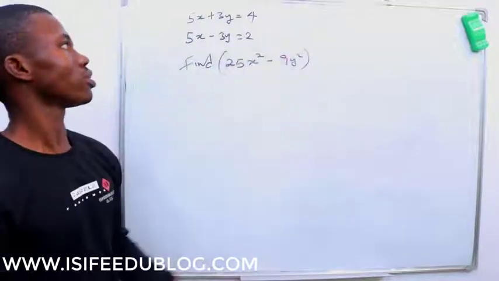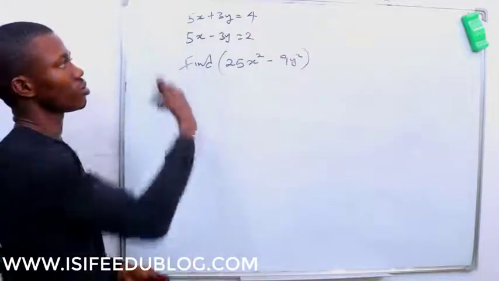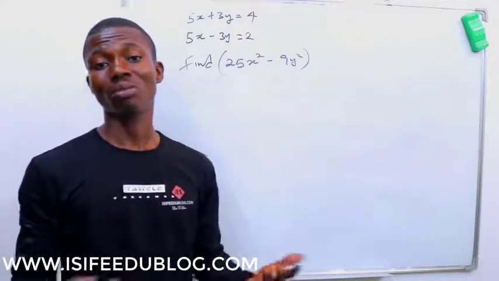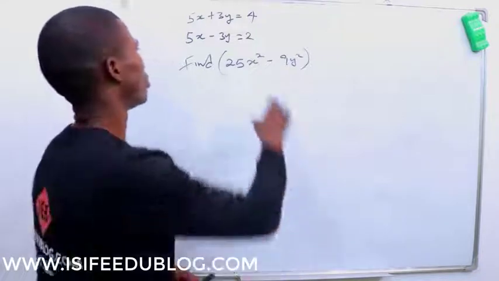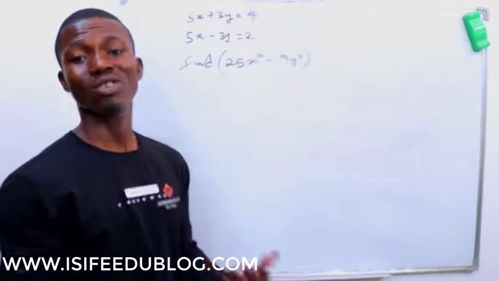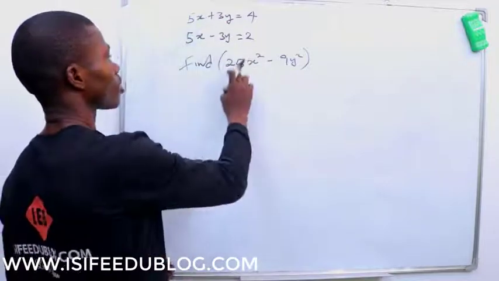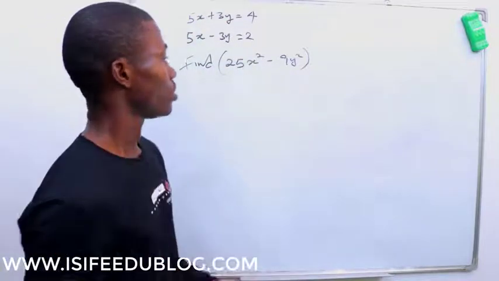This is the question, and you can simply solve using the simultaneous elimination method. You can solve using elimination or substitution, but let's go for elimination. Find x and y, substitute, get your answer.